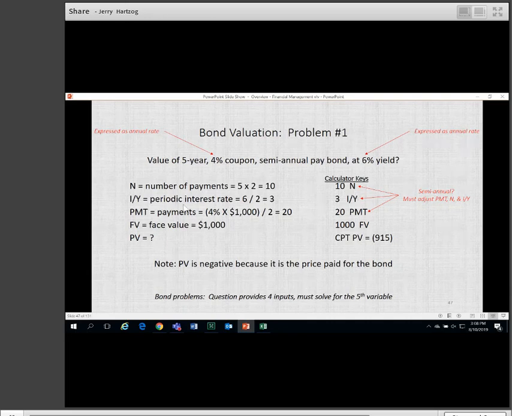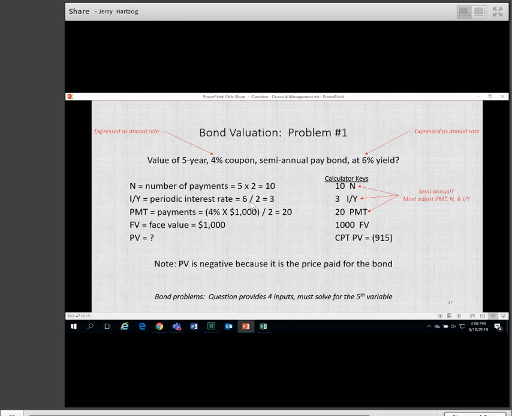Next, the periodic interest rate, IY. It's 6% divided by 2 equals 3%. Every time you see a yield or a coupon in a question, they're always expressed as annual rates. So in this case, if we want to get the semi-annual yield, we have to divide by 2.